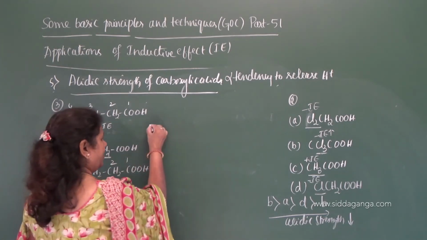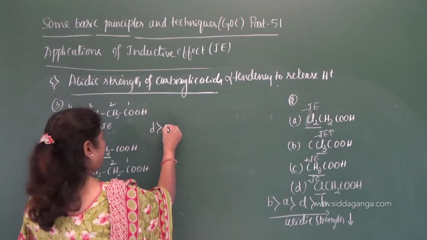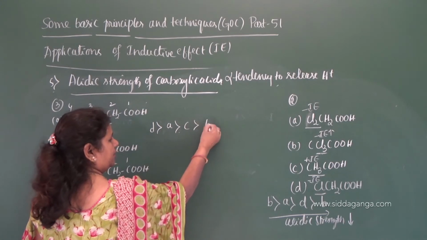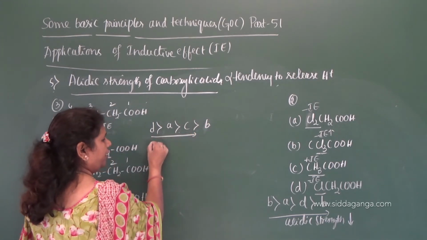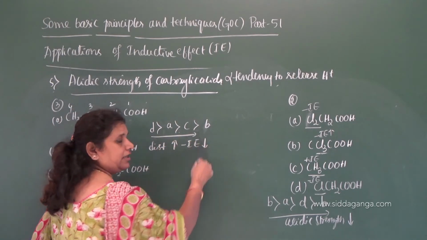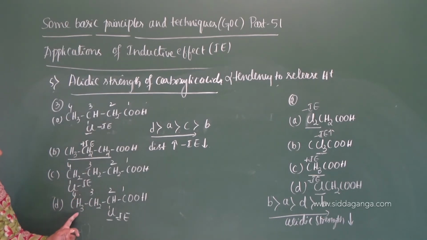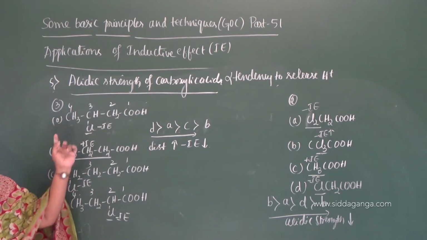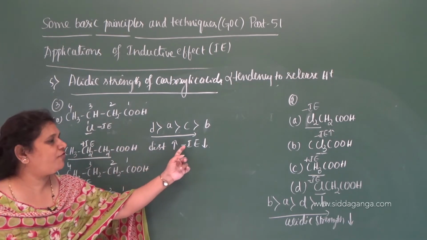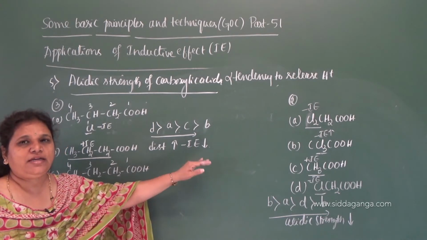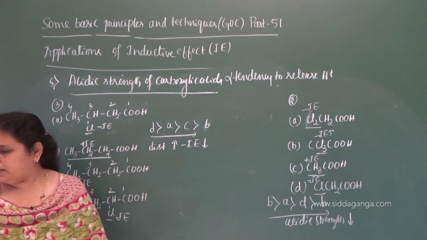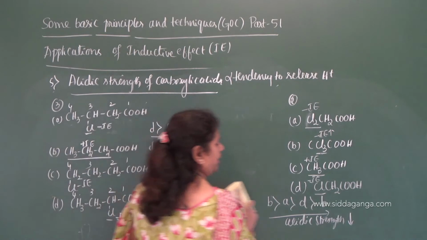The order is D is more acidic than A, which is more acidic than C. You have to remember, from D to A to C, the distance increases, so the magnitude of negative inductive effect decreases, and thereby acidic strength decreases.